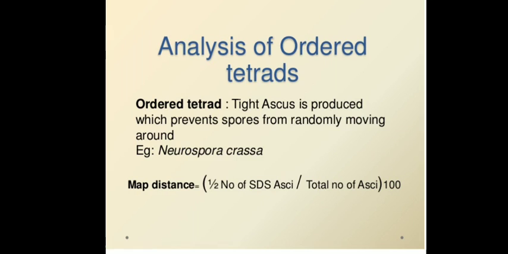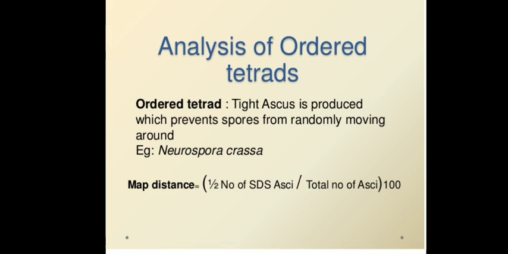Then there may be an orderly arrangement of tetrads, or unordered tetrads can also be observed. First we'll study the analysis of ordered tetrads. Here a tight ascus is produced, which prevents the spores from randomly moving around. In the ordered tetrad, the ascospores do not move from their location. They are tightly adhered in the ascus.